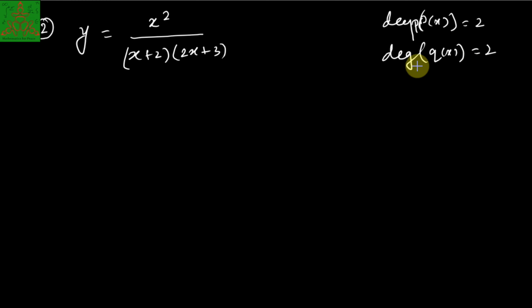As per the rule of partial fractions, what I told you is that if the numerator's degree is less than the denominator's, then we can do the partial fraction. Otherwise, we have to divide the two polynomials.